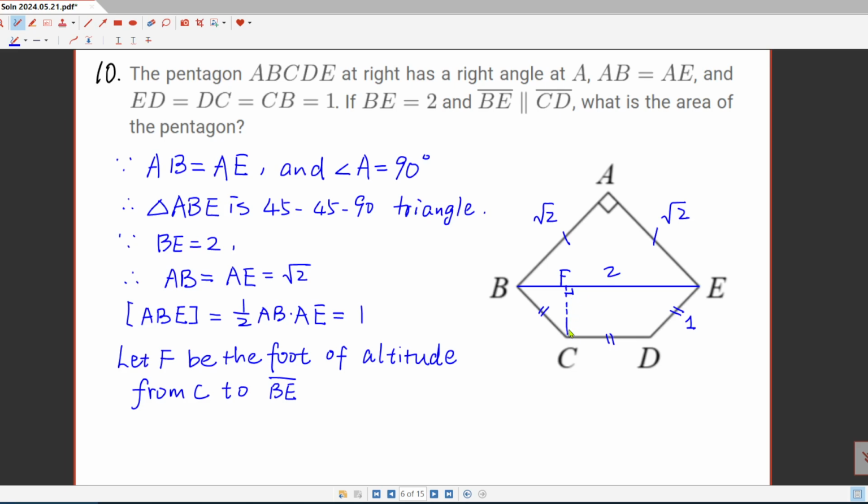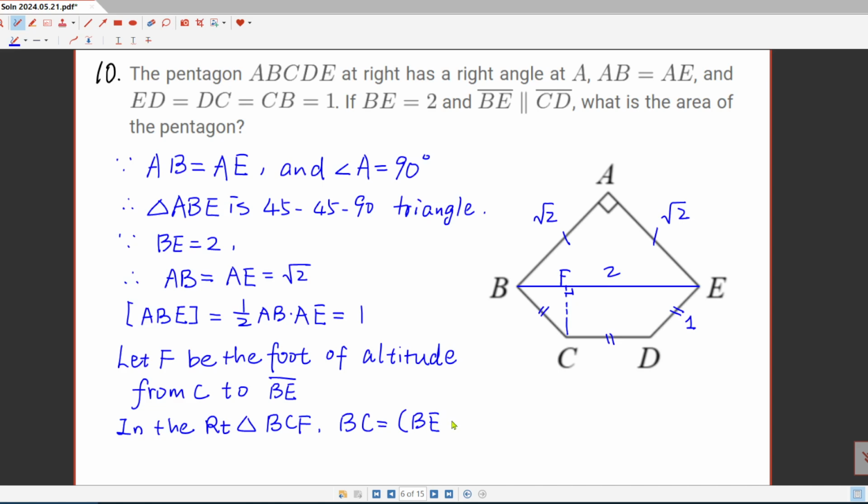We need the altitude, right? If you know this side and altitude CF, then we can find the area of BCDE. So we can make use of the right triangle BCF.